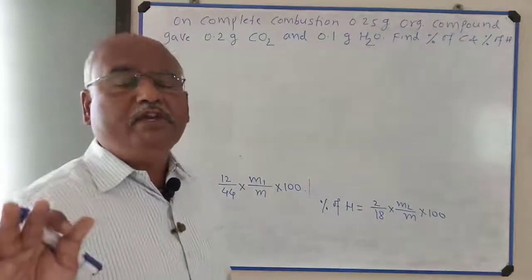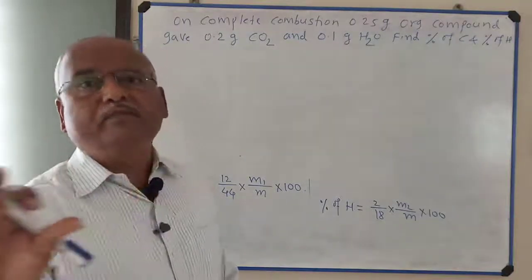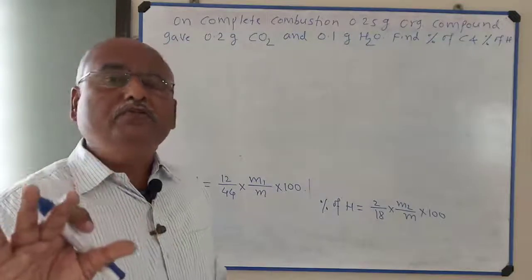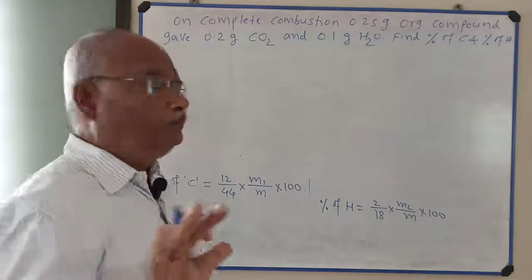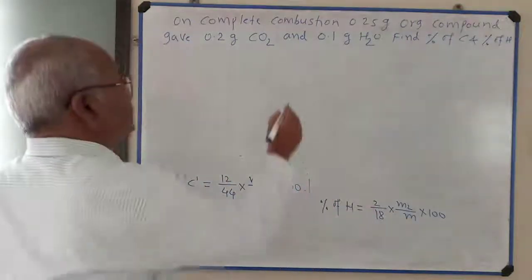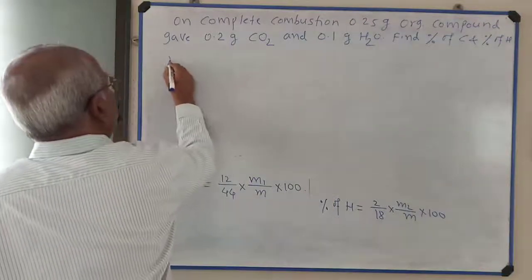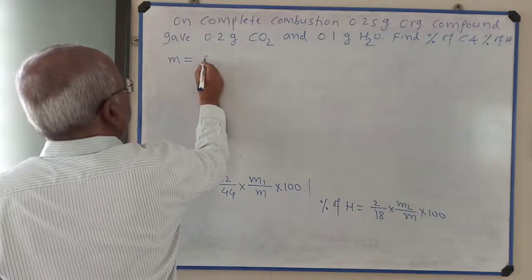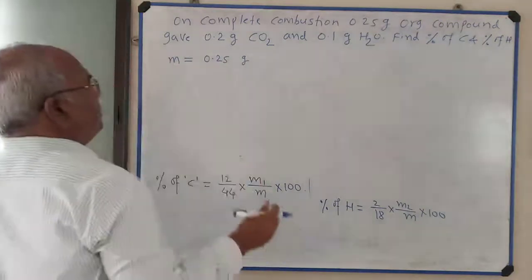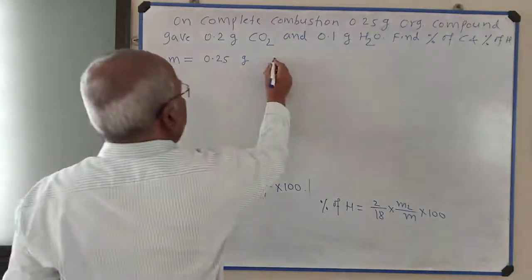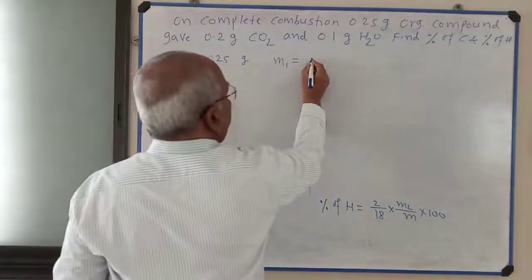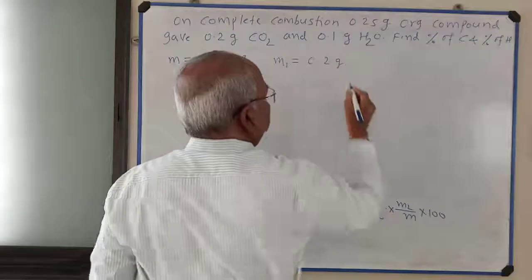Before solving any problem, read the problem carefully. Whatever is given, write down the given data, and what is to be found out, that also you write. So I write here: mass of organic compound m is equal to 0.25 gram. m1, the mass of CO2, is equal to 0.2 gram.